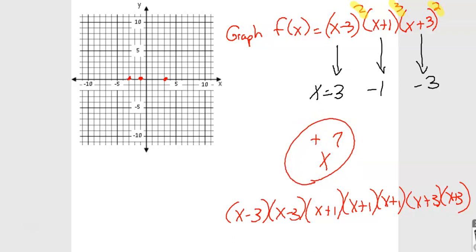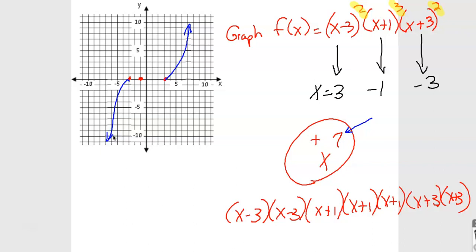That's important because of the end behaviors. Positive x to the 7th, an odd exponent, means the end behavior will go up on the right-hand side, and down on the left-hand side. That's something you need to pay attention to.